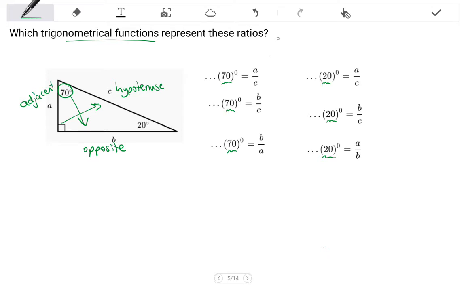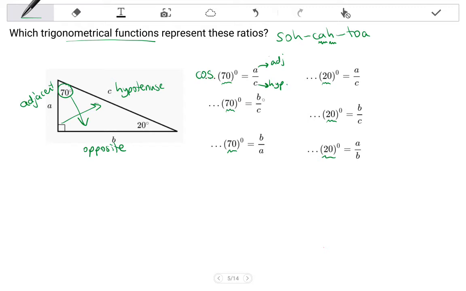Then, somewhere here, let's write SOH CAH TOA in order to remember the formulas easily. So, in the first ratio, A represents adjacent and C represents hypotenuse. So, adjacent and hypotenuse is used together in the cosine. So, this is cos.